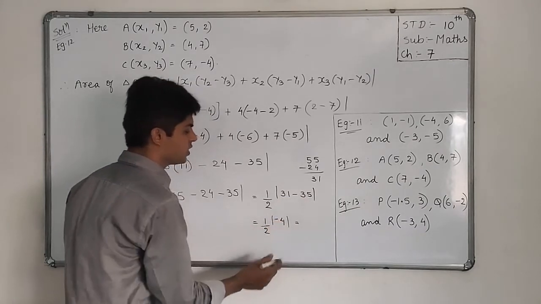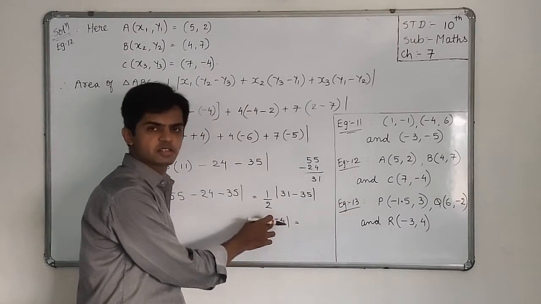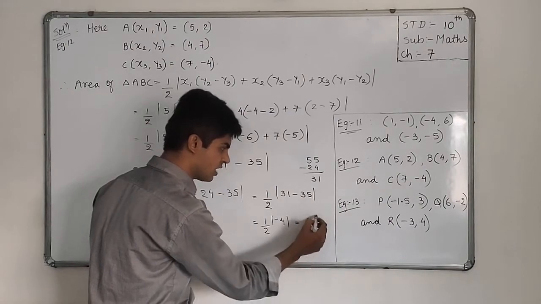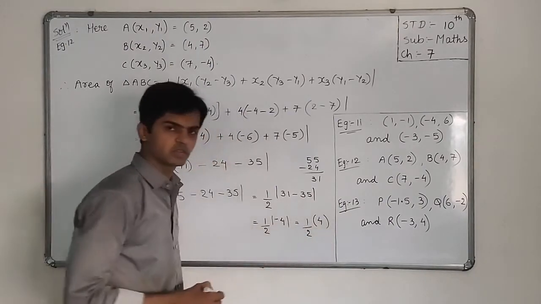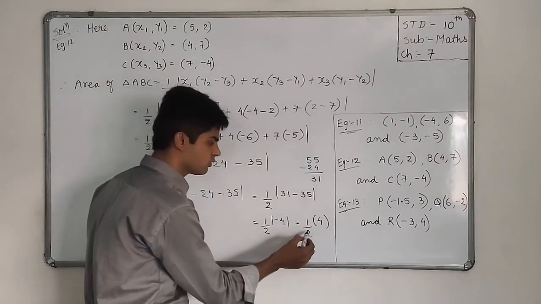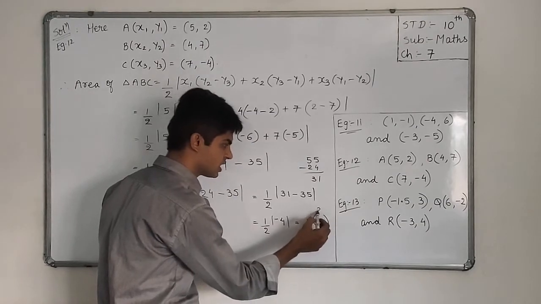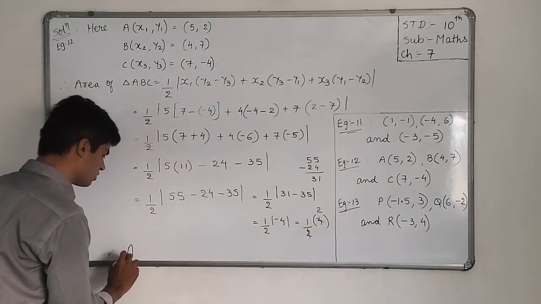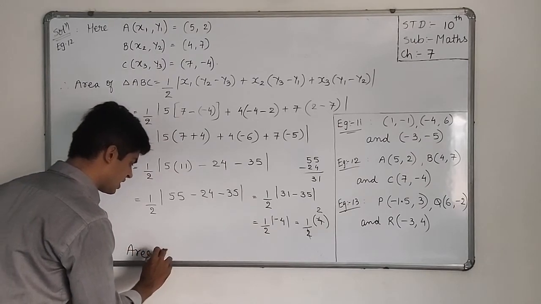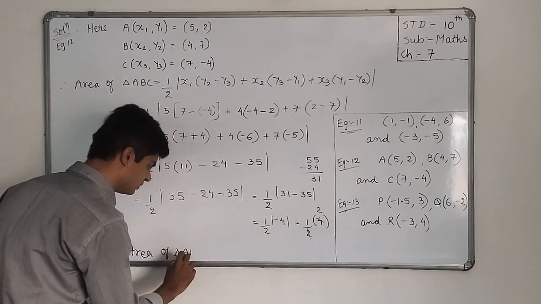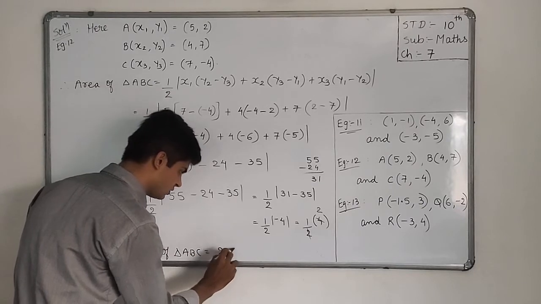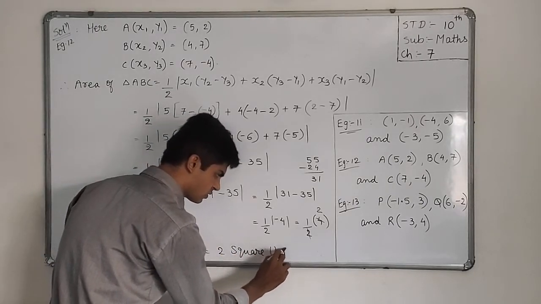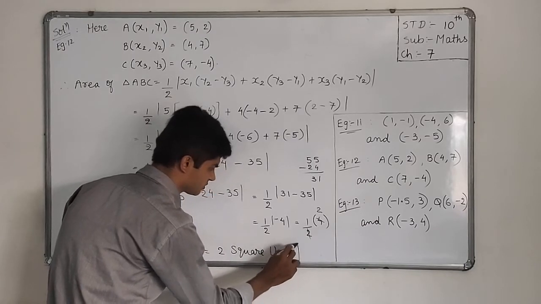Now, if the value inside the modulus is negative, once it comes outside it will become positive, so half is multiplied with 4. 2 2s are 4, so the final answer is 2. Therefore the area of triangle ABC is equal to 2 square units.